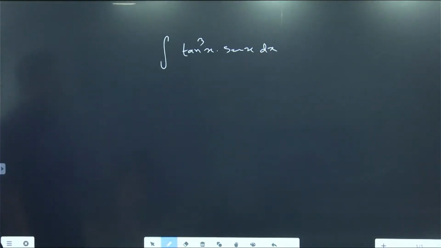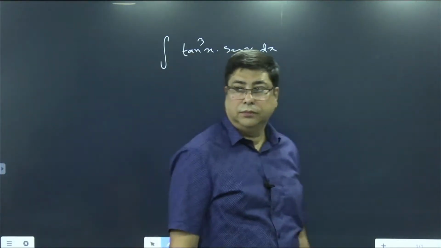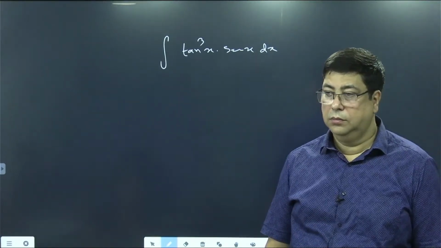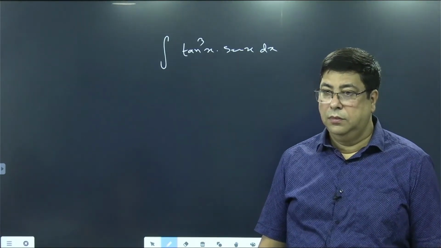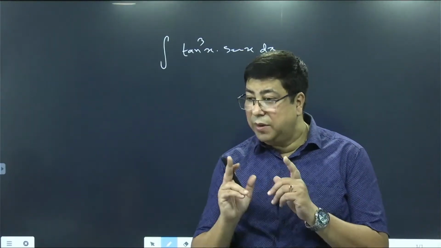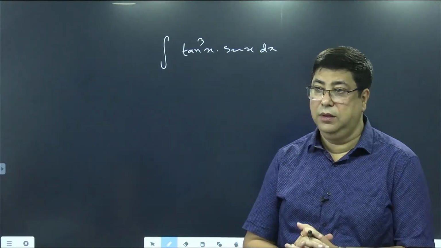Then what to be done? Who will tell? Whatever you are thinking to take as t, its derivative should be present. Who will tell what to be done?